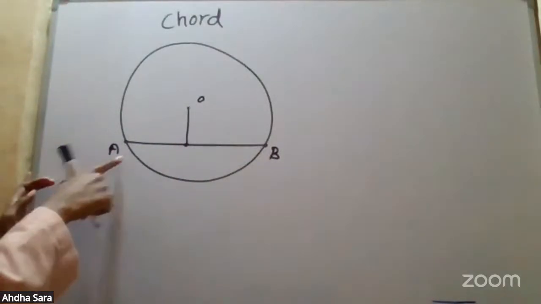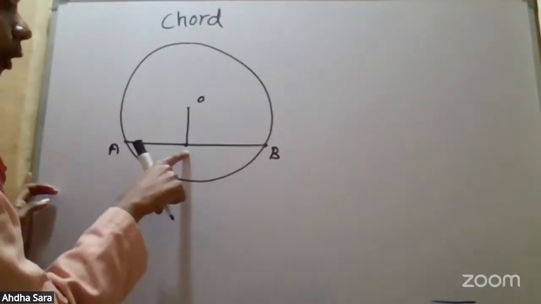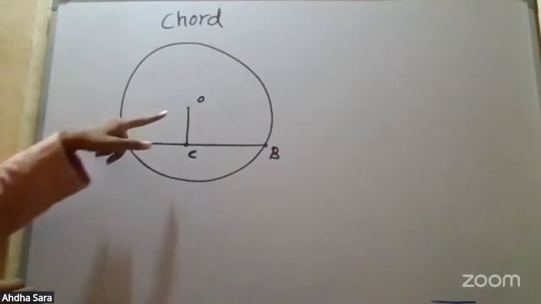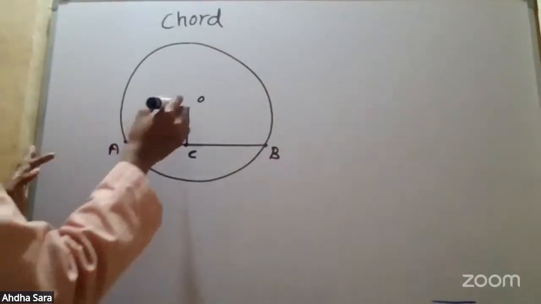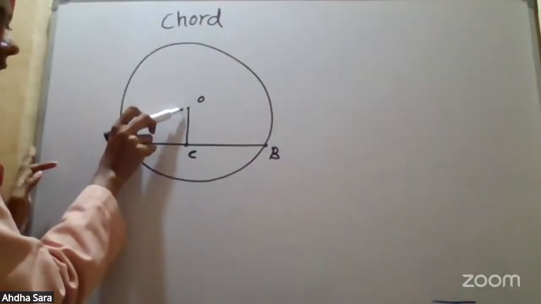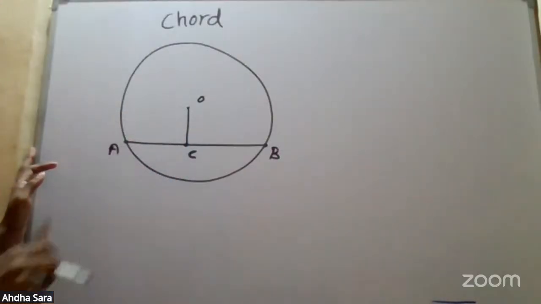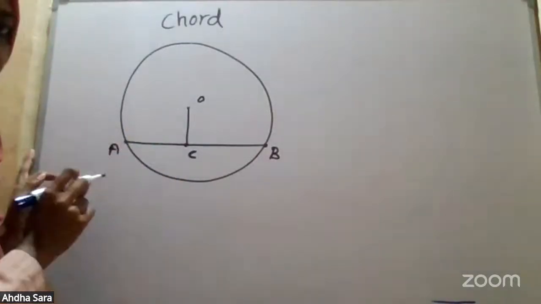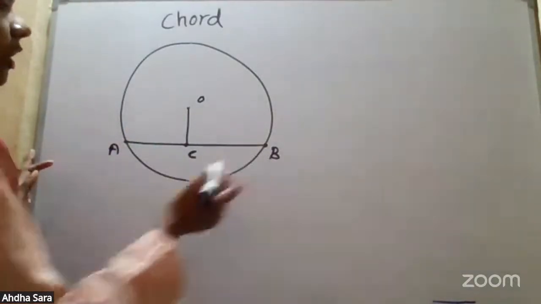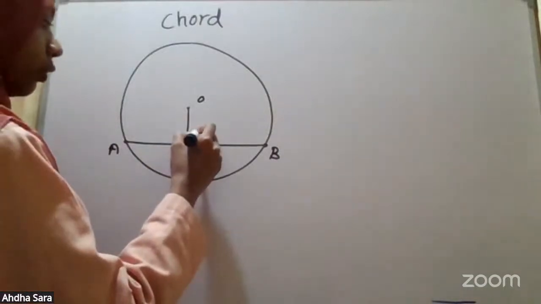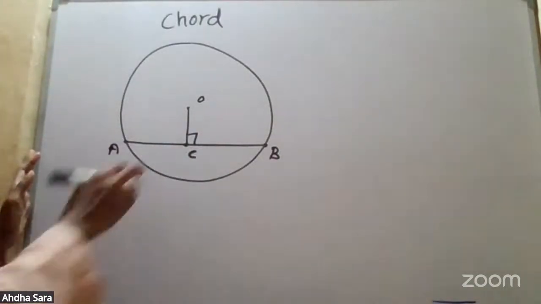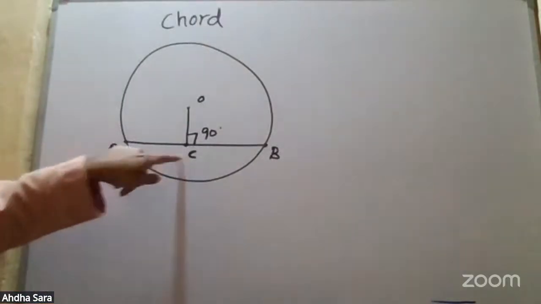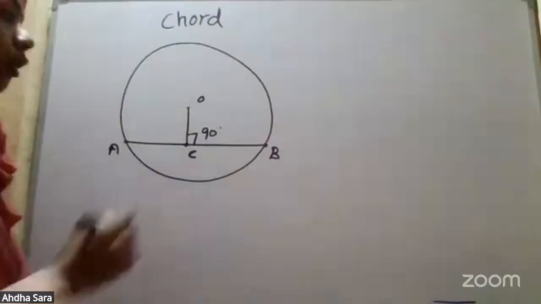You have a chord AB and its midpoint is C. Now you are drawing a straight line from the center O to the midpoint of the chord AB. This straight line will bisect the chord AB. So, you get a right angle, 90 degrees, at the midpoint of the chord.